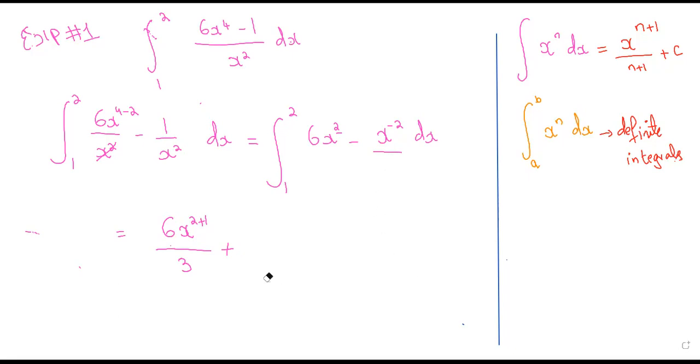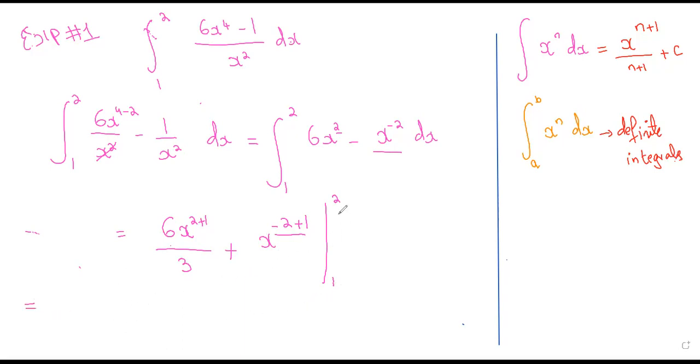So the sign is negative. x to the power minus 2 plus 1. Now the new power is minus 1. So once I divide it by minus 1, it would become plus, right? And instead of writing down the constant, I am going to make a line and write down these two limits. Now, the next step is different.